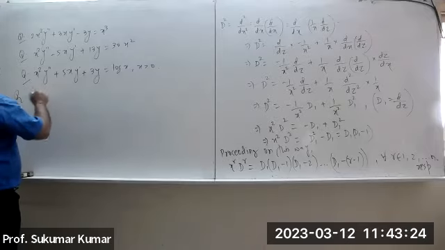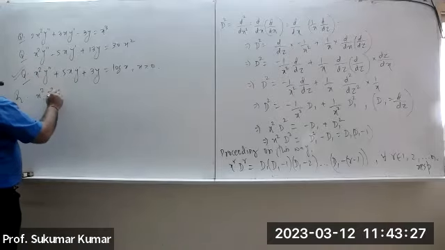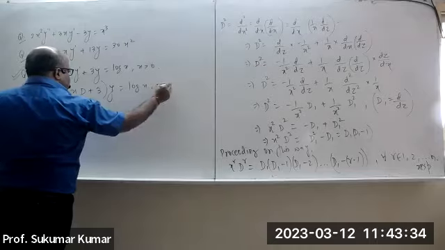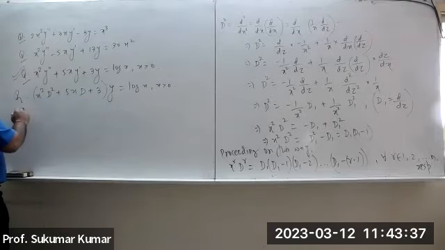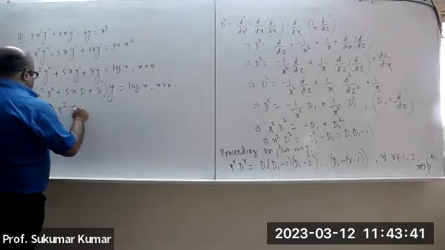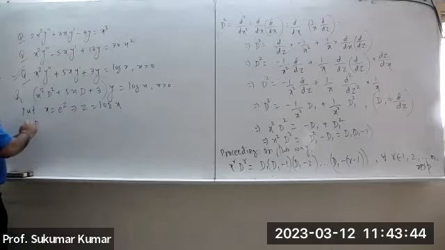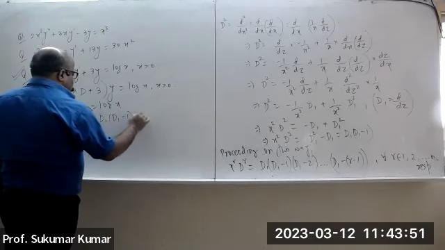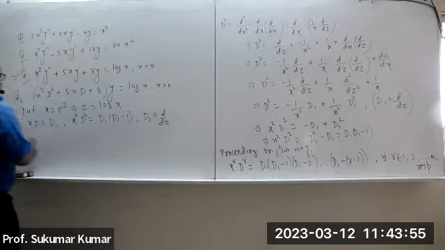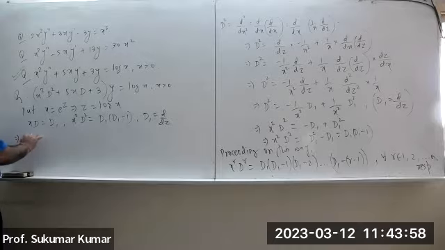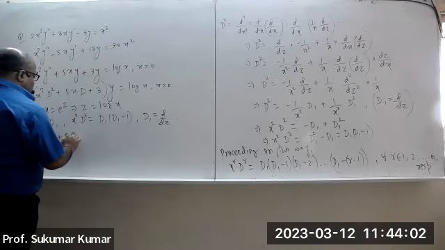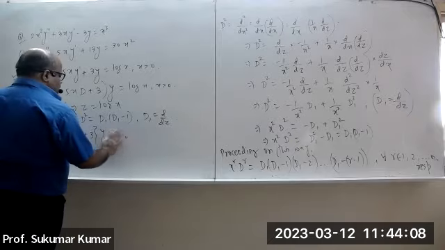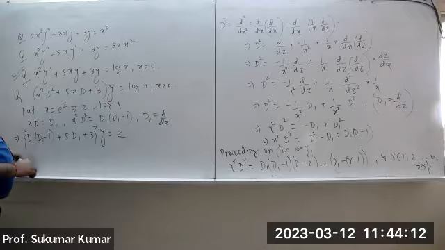So this is a variable coefficient x square D square, 5xD plus 3 log x. Log x equal to z, that we can put.